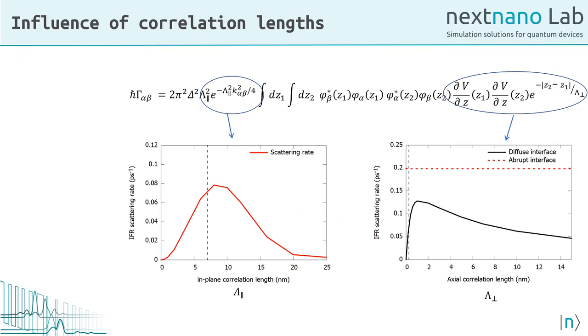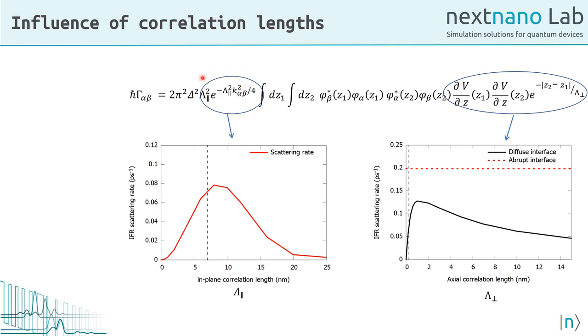So using these correlation functions, we are able to get an expression for the scattering rate between two states, which is obtained through the Fermi golden rule. And in this expression, we have two influences of the correlation lengths. First, here we have the influence of the in-plane correlation length, and this dependence is the same as we already had for the standard case of interface roughness.